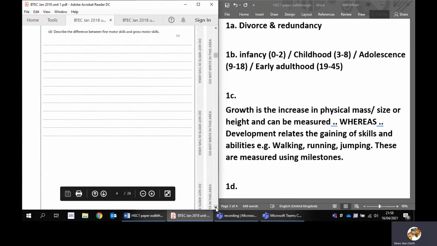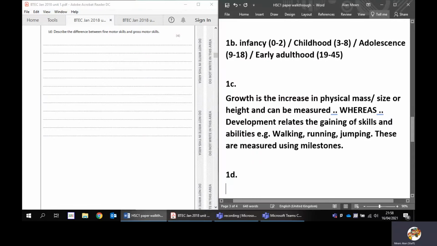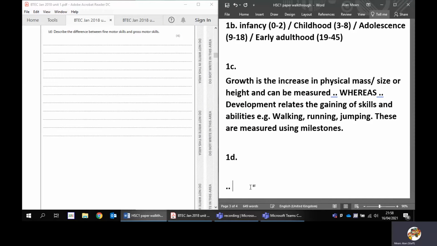Okay, let's scroll on down. So describe the difference between a fine motor skill and a gross motor skill. So again, we're looking at another one of these questions. We're going to use our seesaw word, whereas, in the middle, and we're going to literally say this is one, whereas this is the other.